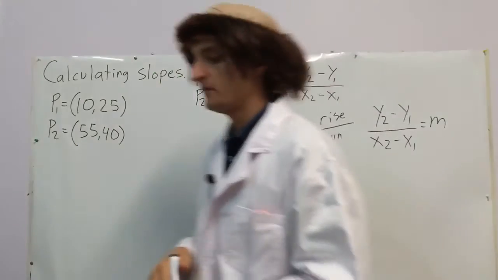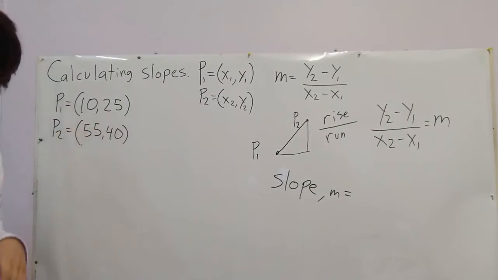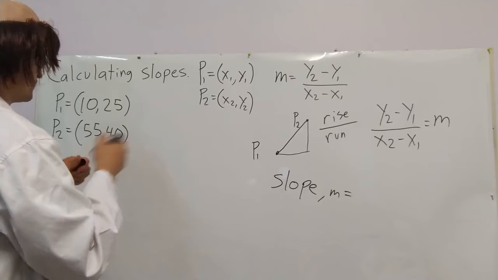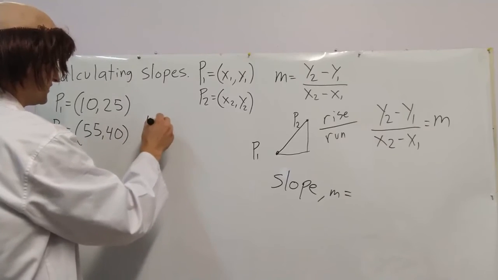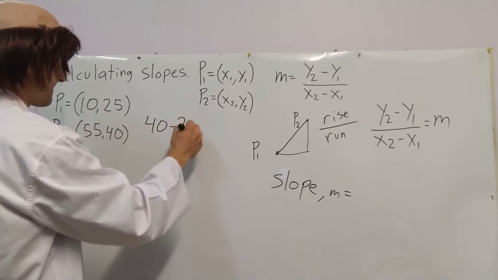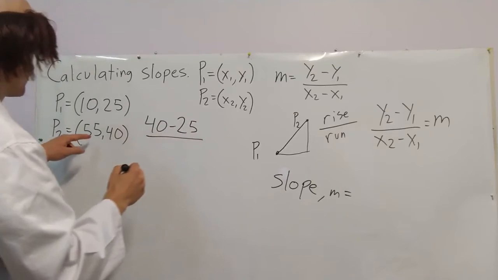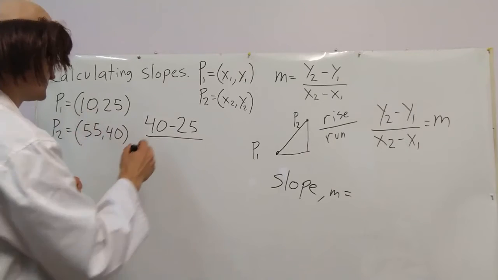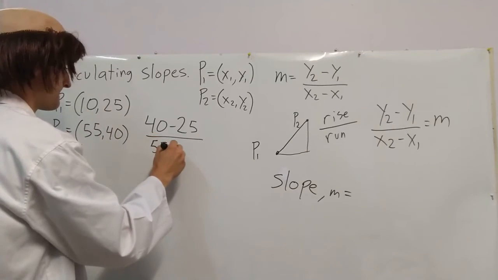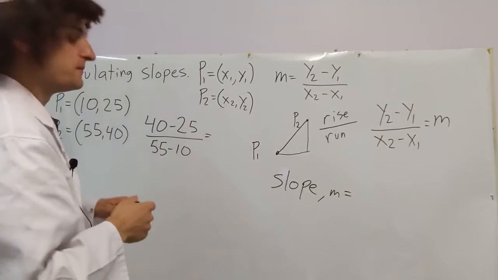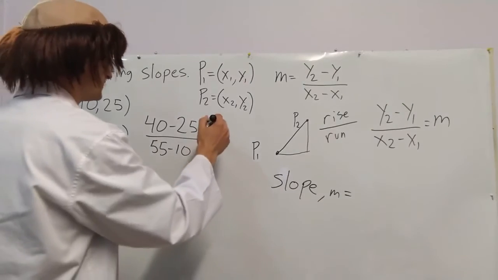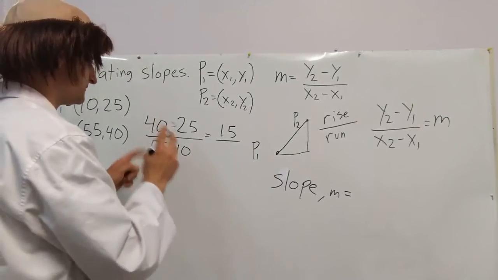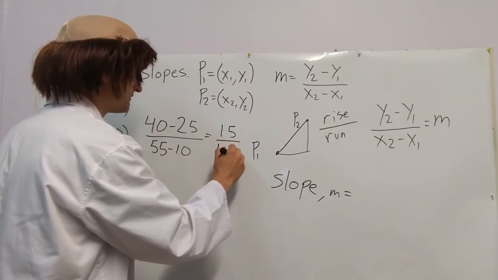Question 1E. Here are 2 points. Find their slope. So we go y2 minus y1, 40 minus 25, divided by x2 minus x1, 55 minus 10. 40 minus 25 is 15. 55 minus 10 is 45.